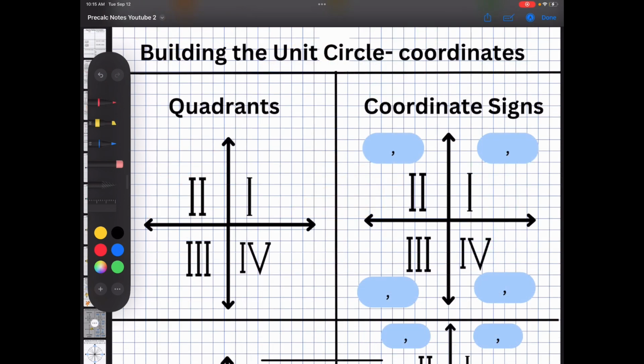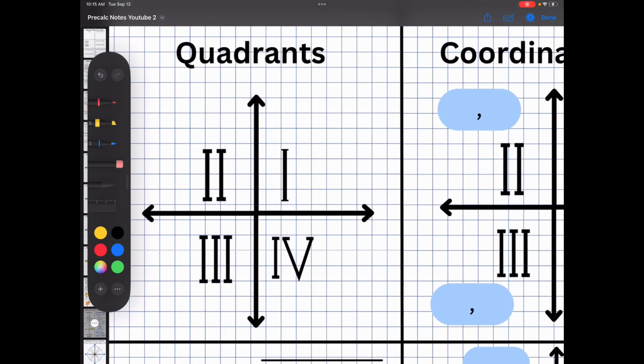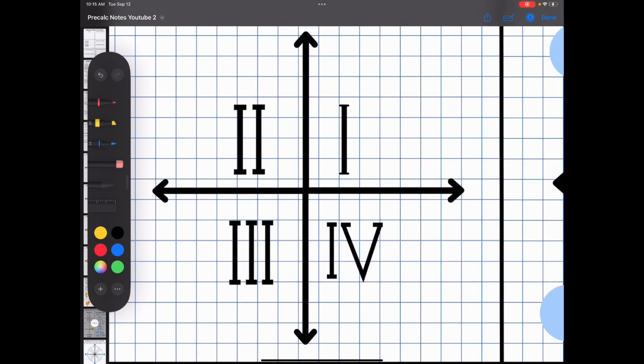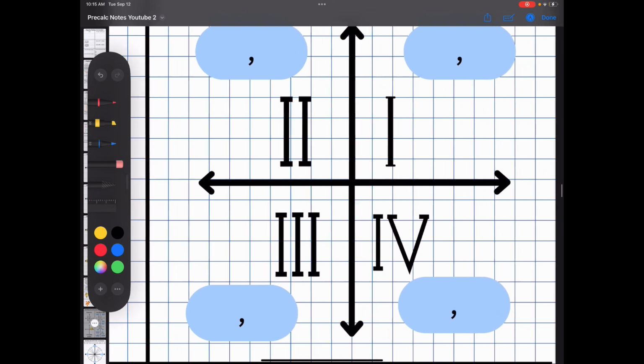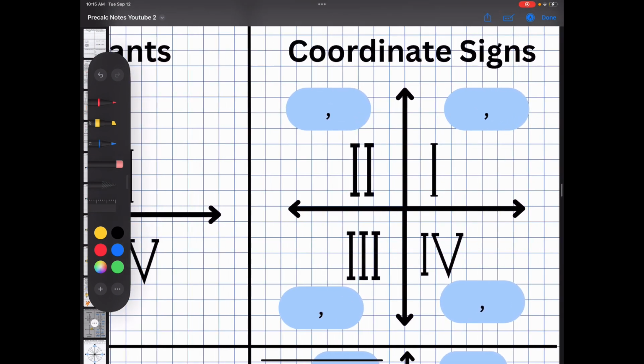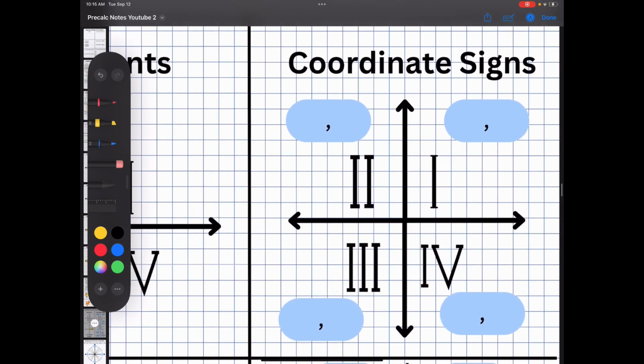Before we can begin to build the unit circle coordinates, we need to be familiar with all of the quadrants in the XY axis. So here is a label of all 4 quadrants that divide the Cartesian plane. I have quadrant 1 in the top right corner, then quadrant 2, 3, and 4 going in a counterclockwise direction. What's important to know about these coordinates is the signs of each coordinate.